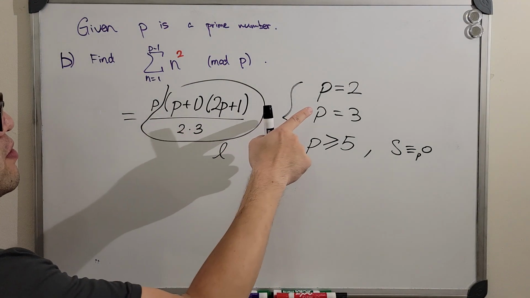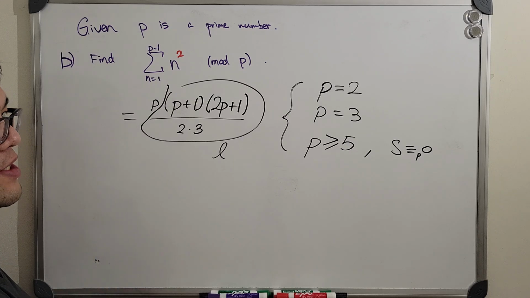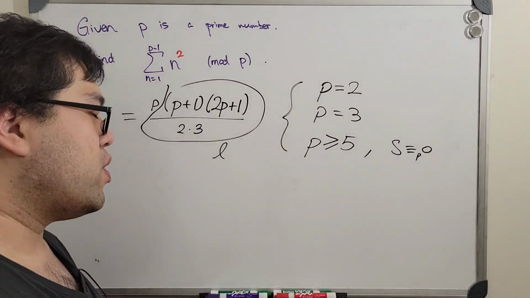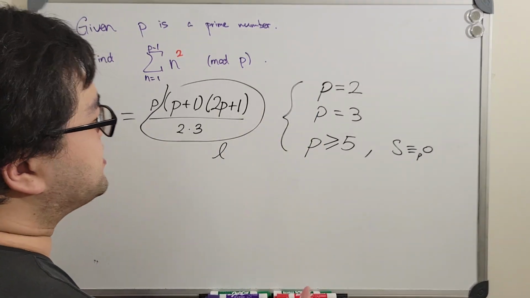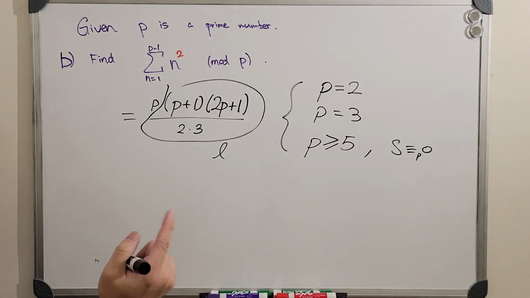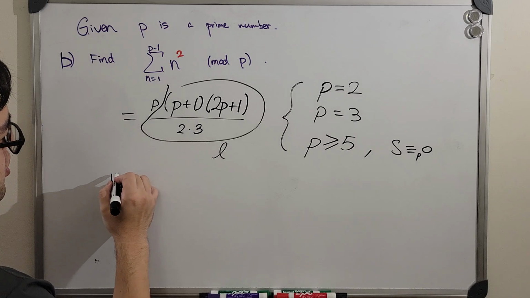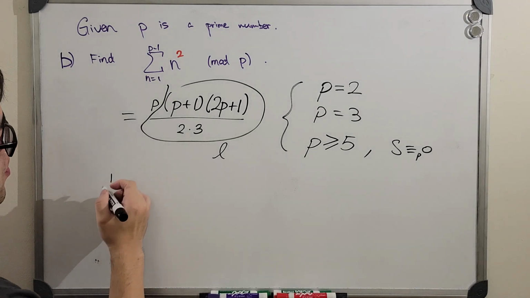Now, if we try to think of the other 2 cases, it's not going to work anymore. But since for each case there's exactly one value, we can actually kind of brute force it. So for example, when p is equal to 2, this sum starts from the first square term, which is 1 square.